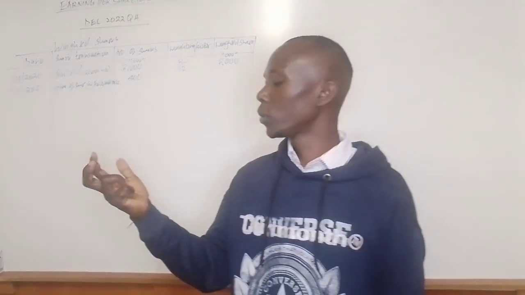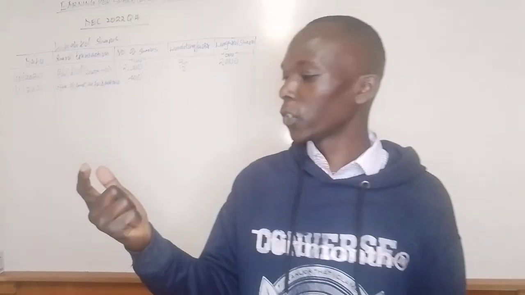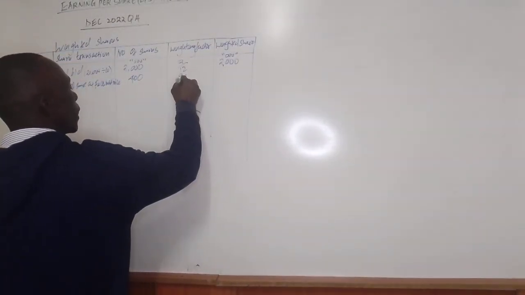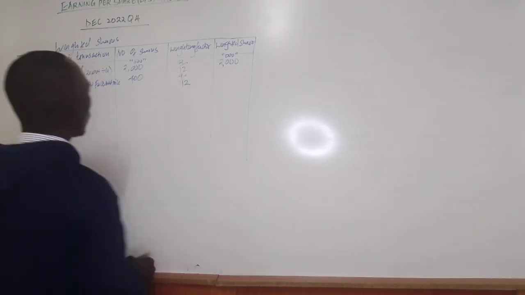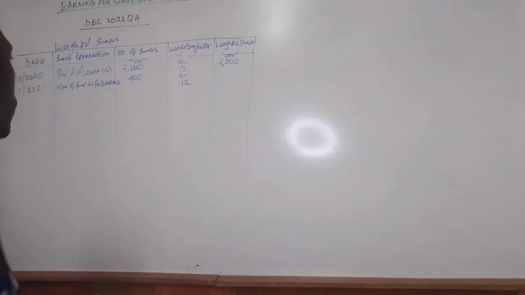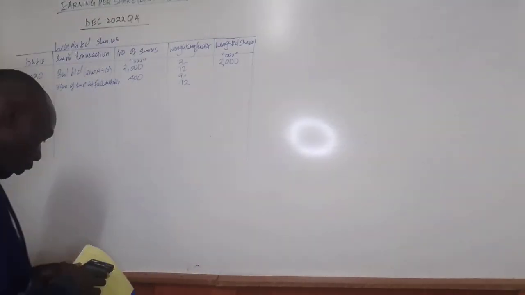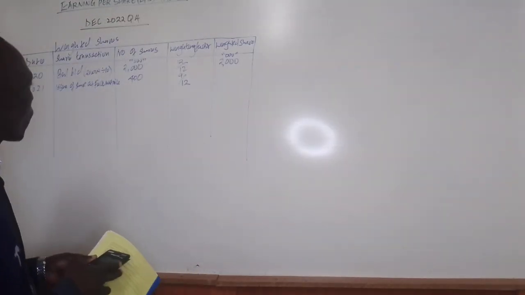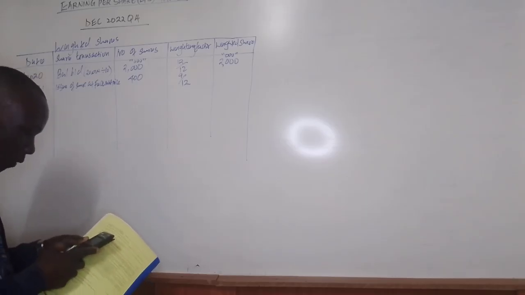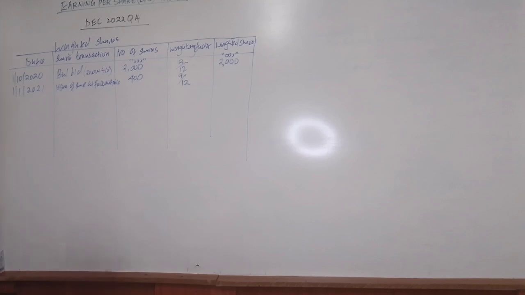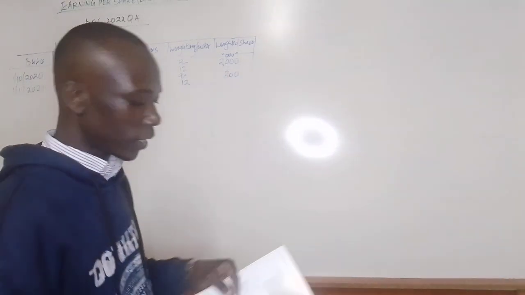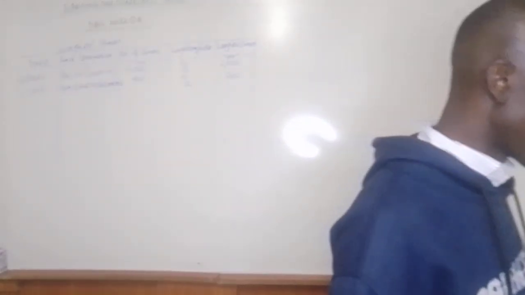Then we have June, July, August, September. So we are going to weight for 9 over 12. So it will be 400, then we weight for 9 over 12. In this case, it is going to give us 300.